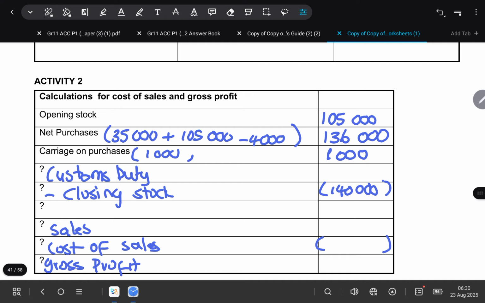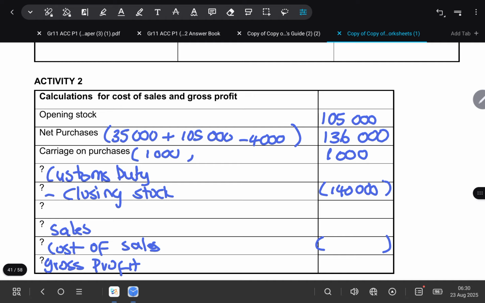So we're going to say 105,000. We're going to take it and plus 136,000. We're going to also plus 1,000, and then we are going to minus 140,000.